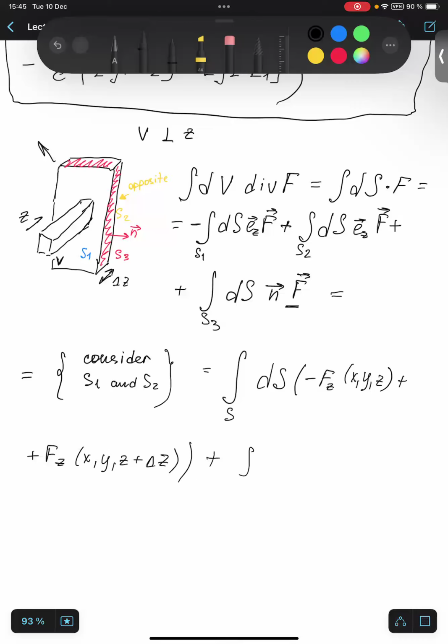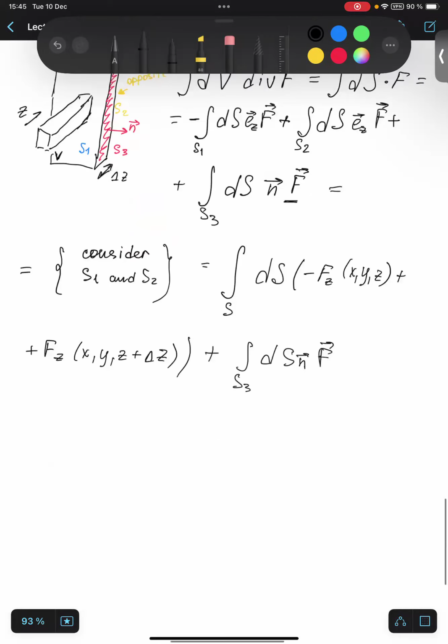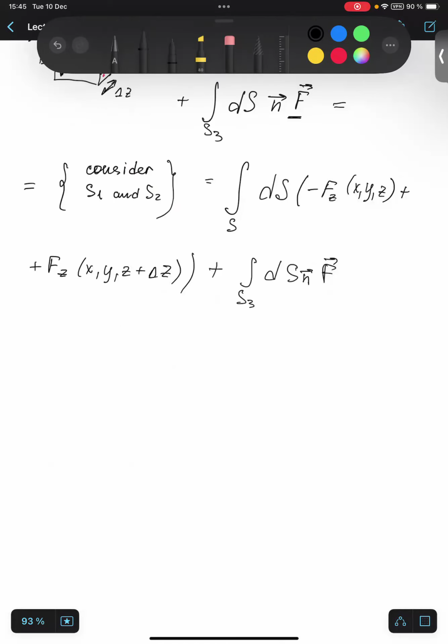And also I will write S3, ds and f. So here it is obvious that if we have some waveguide solution, our fields are localized inside this waveguide and decrease exponentially outside. So therefore, in the end, we will say that it will be 0 because our function f outside at the infinity will be 0.